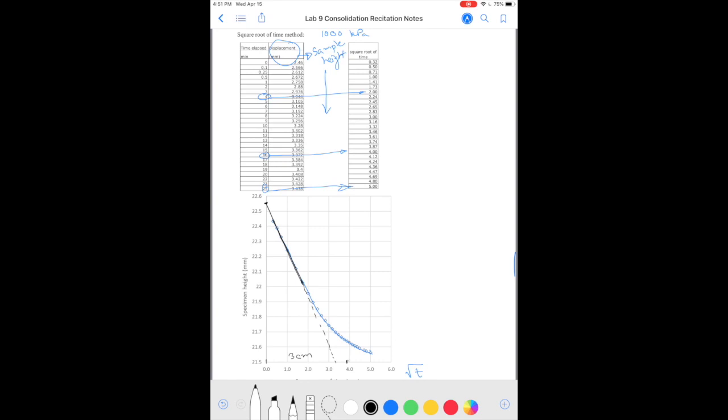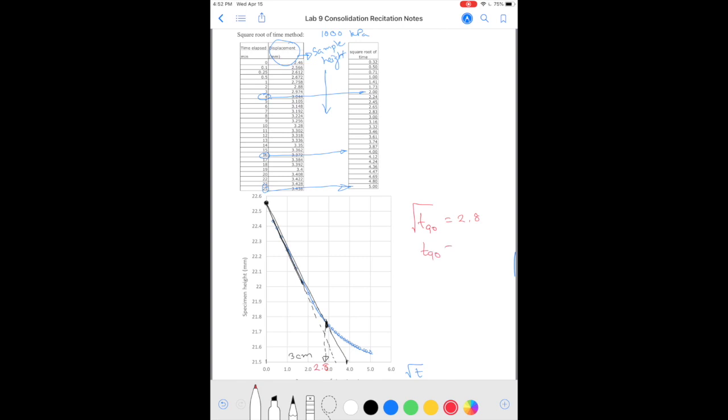So I measure that, which comes out here, let's say, and we draw this line to this point again. And wherever that intersects the curve, that number, in this particular case, is about 2.8, and that corresponds to 90% consolidation. Okay, so the square root of T90 comes out to be, in this particular example, 2.8.